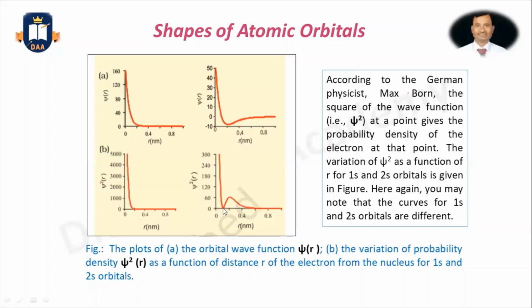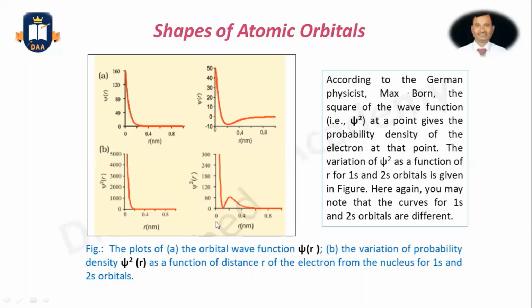And again, it increases slightly with the increasing r value, and again the psi square value decreases to 0, and it will continue. This is the case for the 2s. Where, with the increase of the r value, this psi square value is 0, this point we call a node. And this is the 2s orbital.